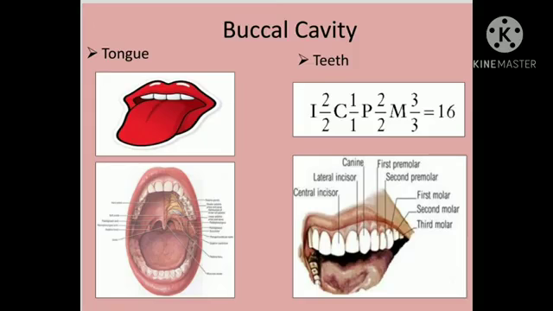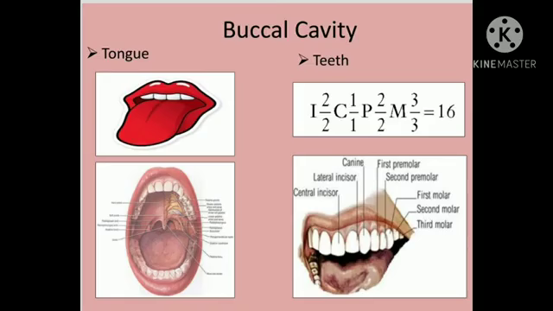In scientific terms, these projections are called papillae. Some papillae bear sensory receptors called taste buds. In general language, we say that we have our taste buds on our tongue.